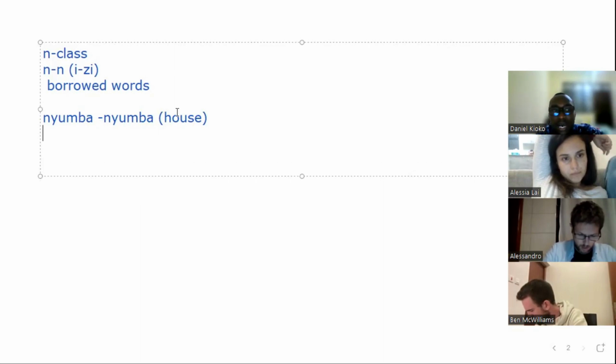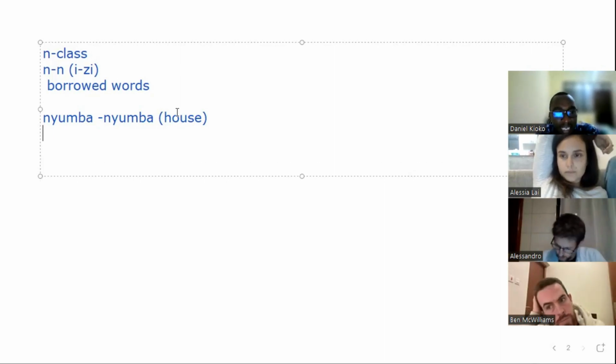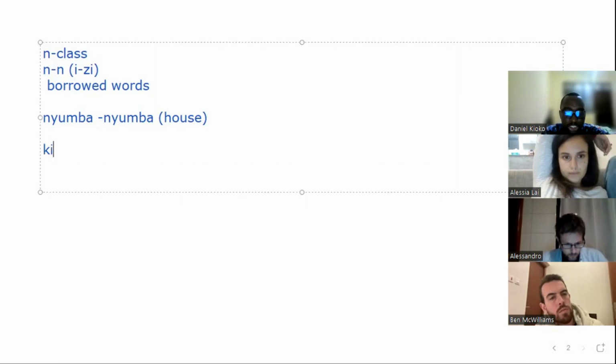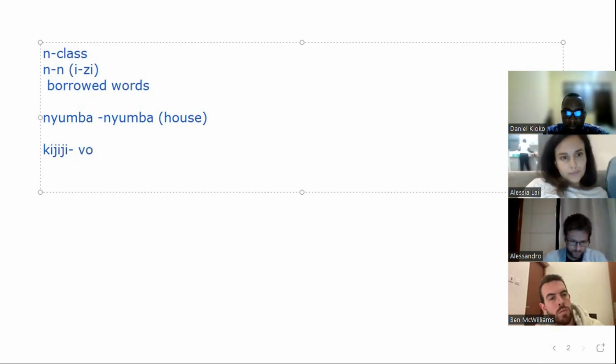And again, we have nyumba. We have what we call augmentatives and diminutives. Under key V, you can diminutate words, like make them look small. That is why we have kijiji. Okay, this is just by the way. Kijiji means village, right? Kijiji is a village.